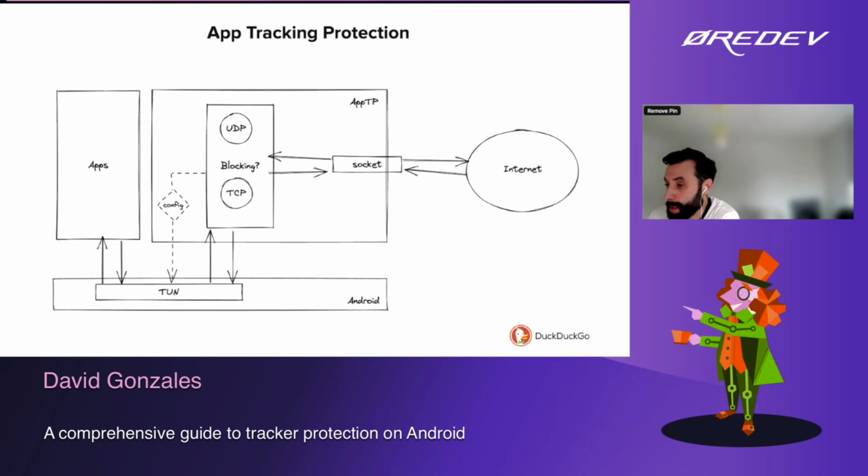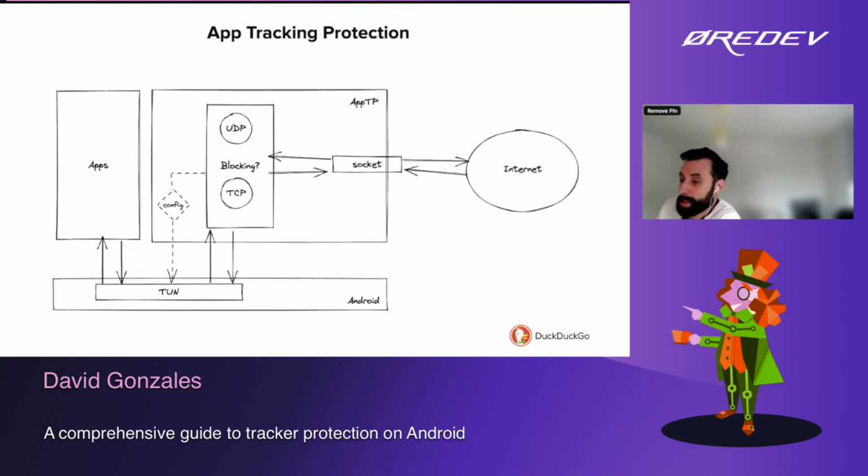One of the downsides is that you can only have one VPN connection enabled at a time. So if you're using some remote VPN through NordVPN or other VPN providers, you won't be able to have that and app tracking protection running at the same time. But that is something we are working on to make sure it works.